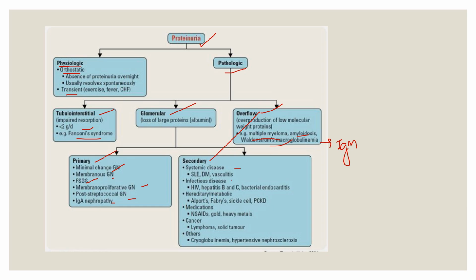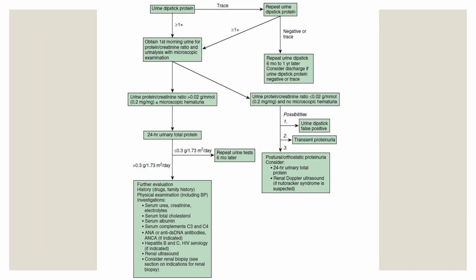Systemic diseases like SLE and vasculitis, these are the secondary causes. Infectious like HIV, hepatitis B, bacterial endocarditis, Alport, Fabry, sickle cell, medications like NSAIDs, gold, heavy metals, solid tumors, lymphoma, cryoglobulinemia, and hypertensive nephrosclerosis.